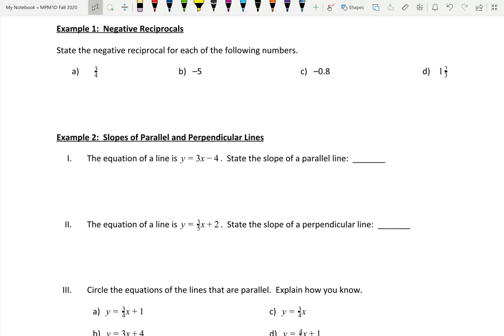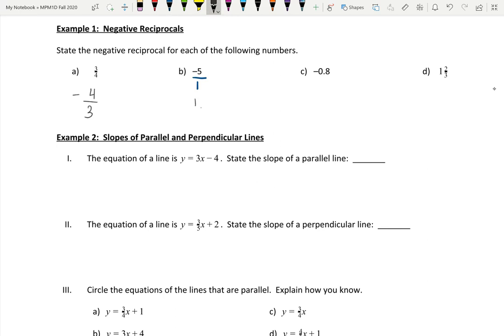So 3/4. The negative reciprocal would be, again, just flipping the numerator and denominator and then changing the sign. Next, -5. Remember, every whole number has an invisible denominator of 1.